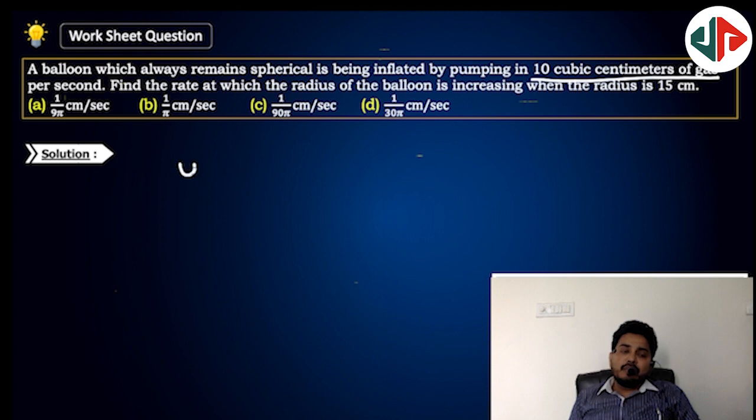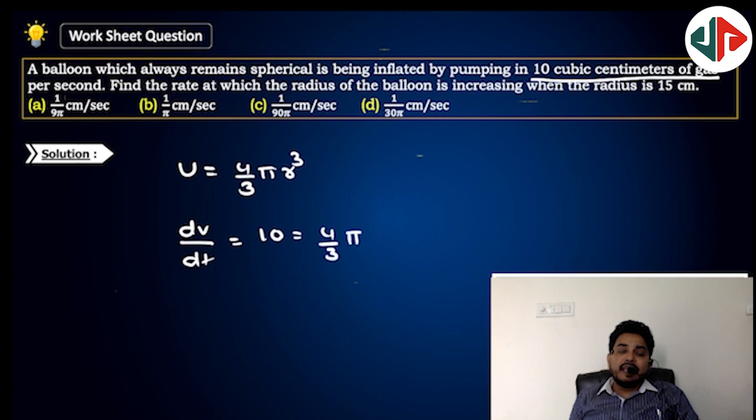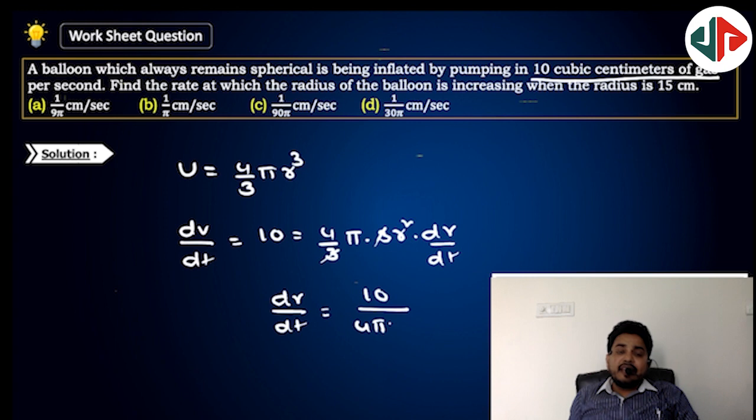The volume of the balloon is V = 4/3 pi r cubed. So dV/dt, which is given as 10, is equal to 4/3 pi times 3 r squared dr/dt. The 3 cancels, so dr/dt is equal to 10 by 4 pi r squared.